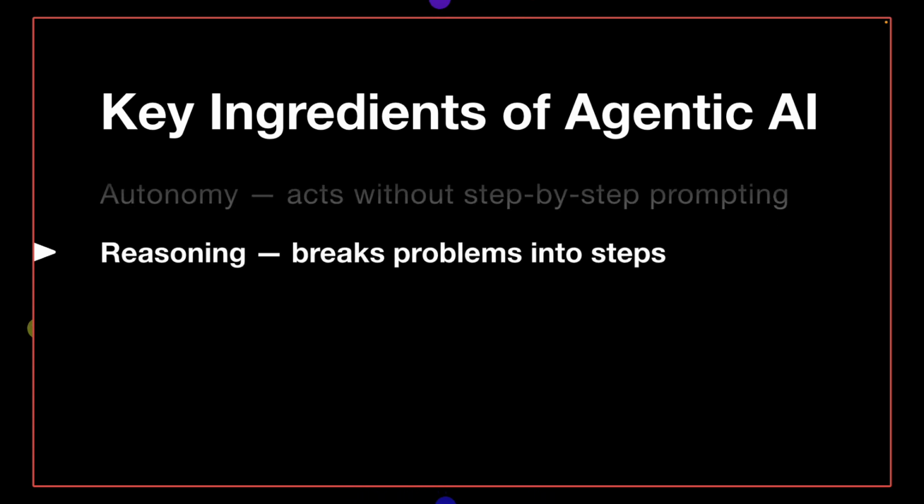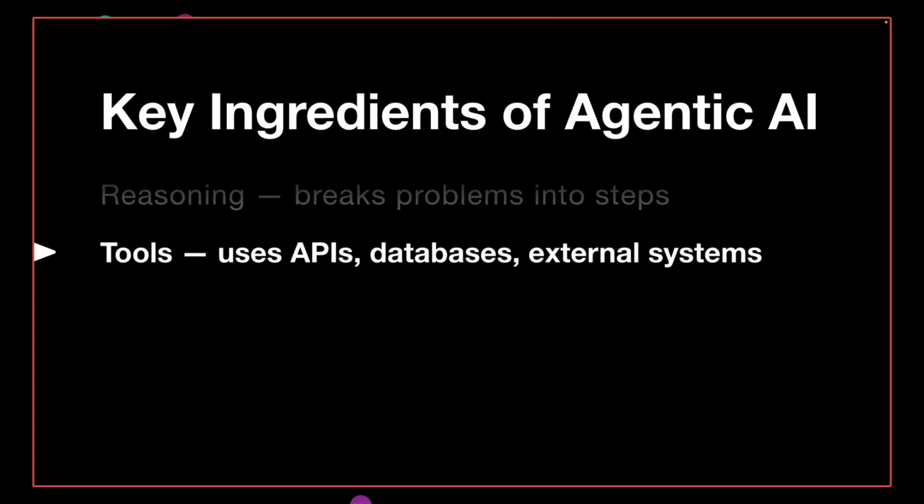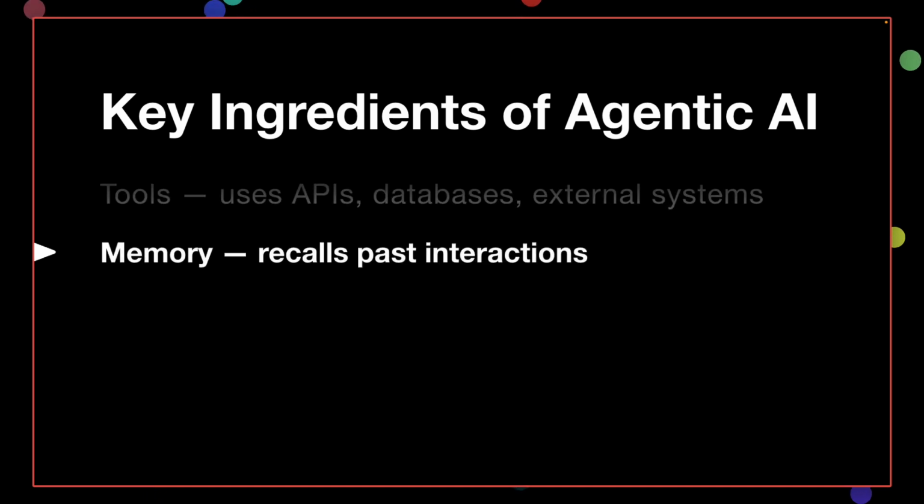The second key ingredient is reasoning. So it can break down problems into smaller steps. The third key ingredient is tools. So it can make use of APIs, databases, or even external systems. The fourth key ingredient is memory.